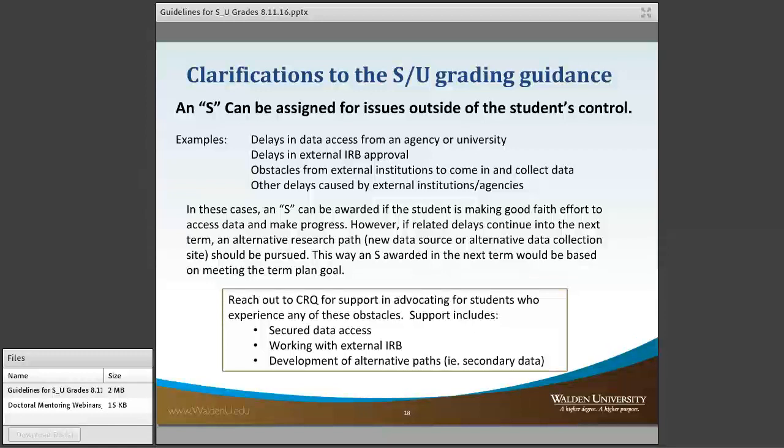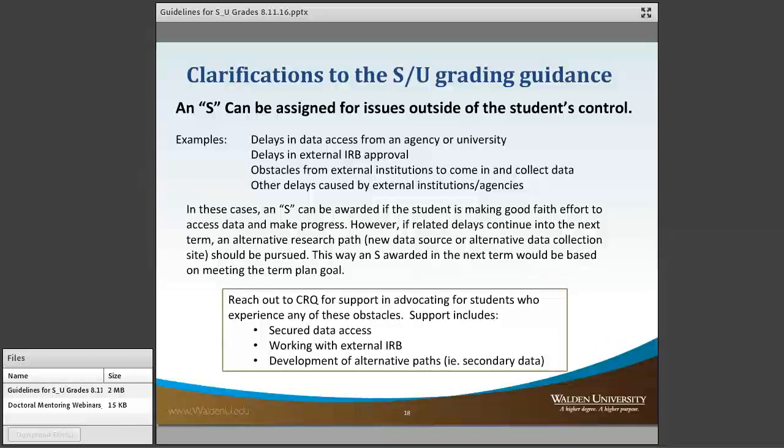That would be things like when they have delays in gaining access and approval from an agency or university outside of Walden, delays in external IRB approval, obstacles that they encounter unexpectedly when they're trying to collect data from external institutions, and other types of delays that are truly outside of the control of the student.